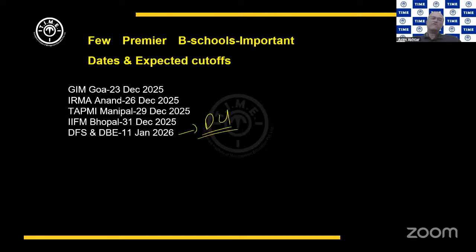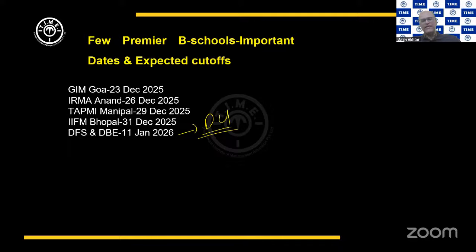Because of that, the fees will be very moderate, hardly around 30,000 rupees per annum, and they offer extraordinary education and wonderful ROI. The average pay in DBE will be around 14 lakhs per annum, whereas DFS average pay is more than that. It's more than 17 lakhs per annum.